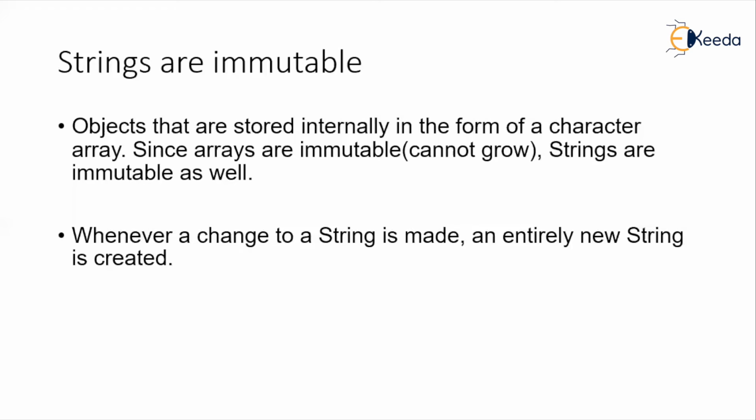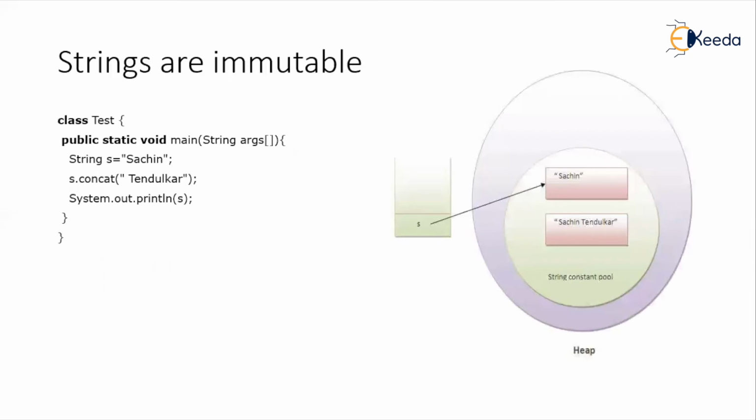Now, as arrays cannot be modified and a string is internally stored in the form of a character array, strings are also immutable. Whenever we make any change in a string, an entirely new string is created and your original data is always untouched. This is how strings are immutable.